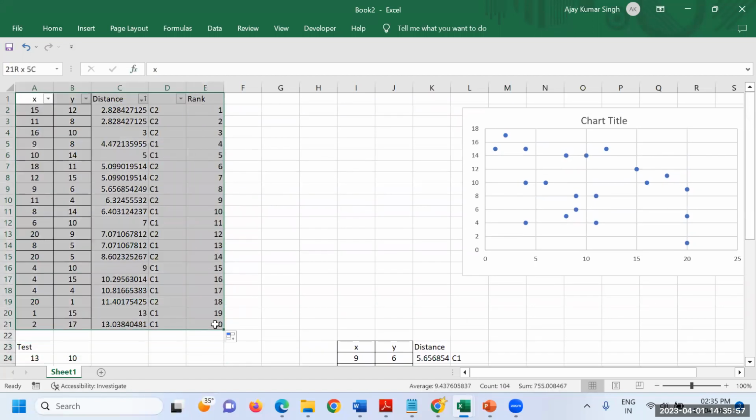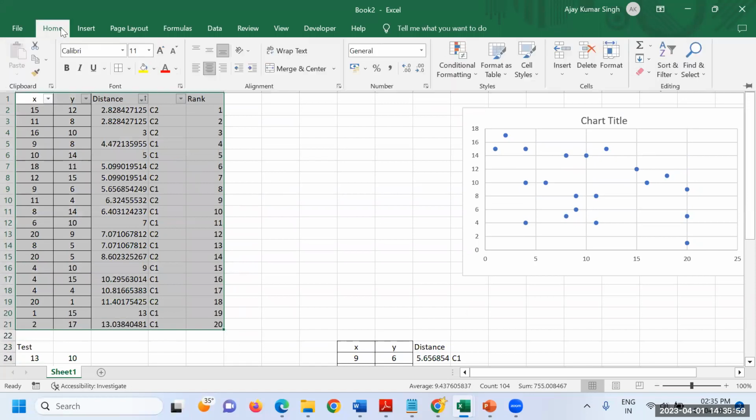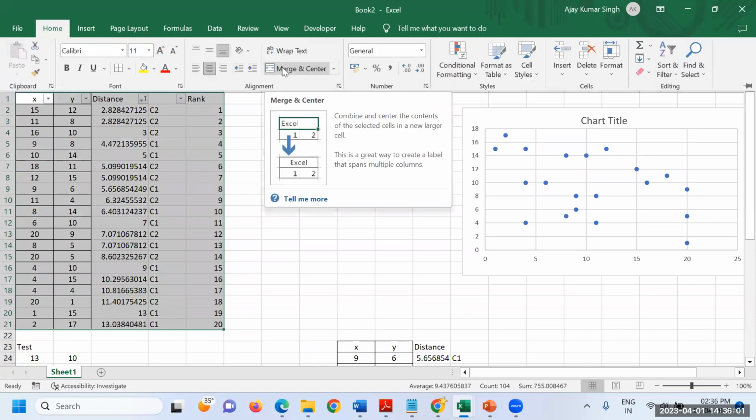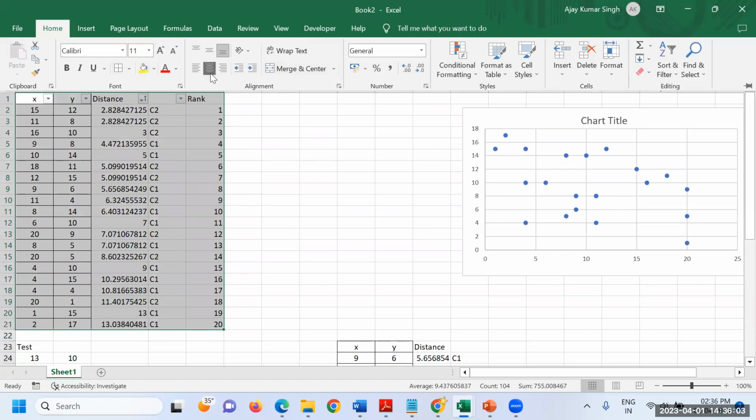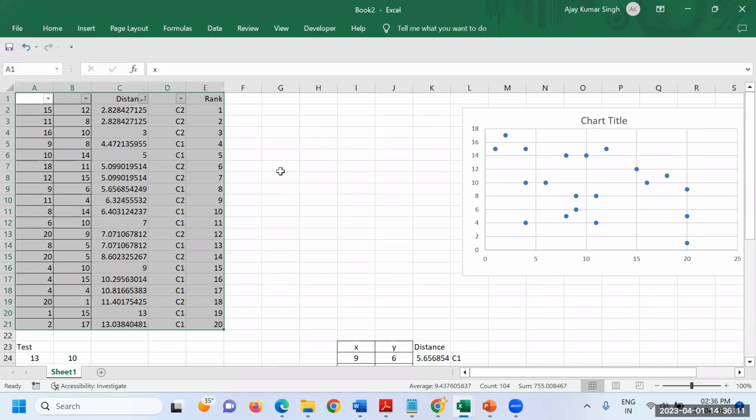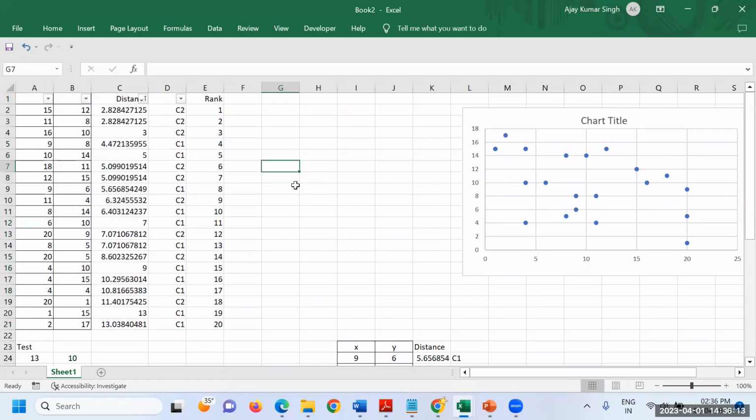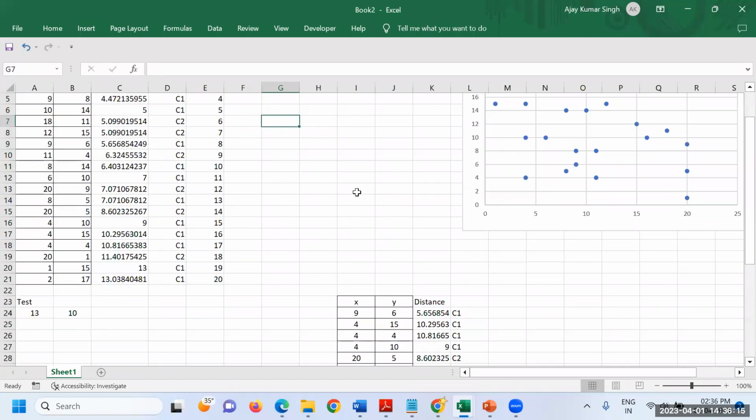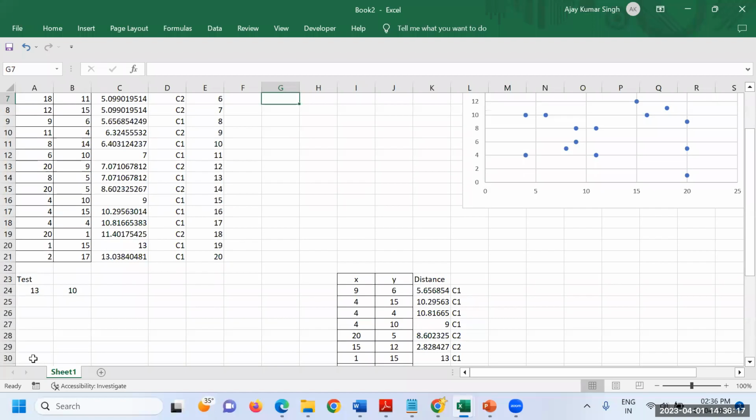So we created a rank according to the nearest data. Now I'm supposed to take the value of k one by one, isn't it? Suppose here we are saying the value of k is 1.